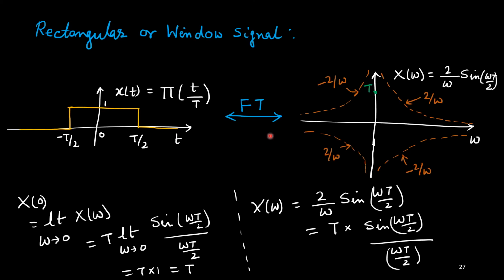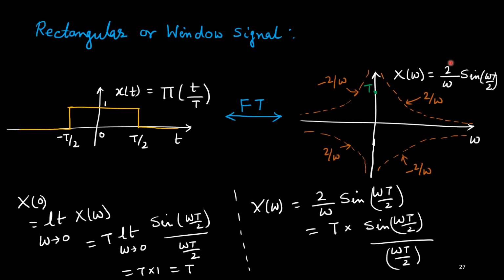Now this function 2 upon omega, we can consider as an envelope. I have discussed these complicated forms in detail in my previous lectures; you can go through that.